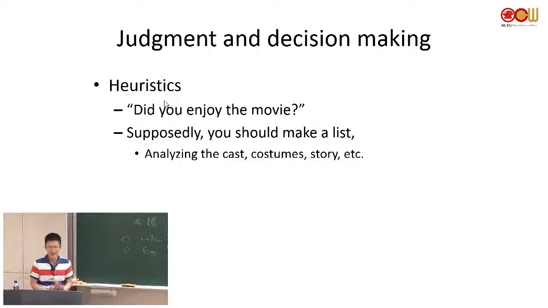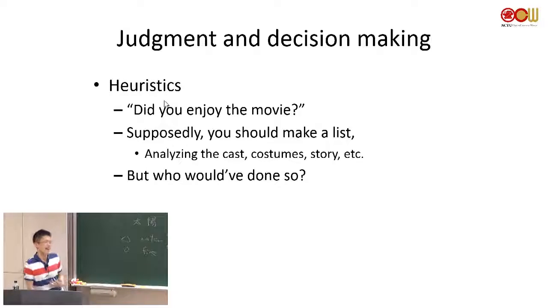Basically, when someone asks you, how did you feel about the movie? You are not analyzing it. You just give them a very quick answer. Okay, I think the movie was okay, was good. You just give a very generic term, and you are not analyzing it. But why you feel the movie is good, or why you feel the movie is not good, that kind of thinking is heuristic.